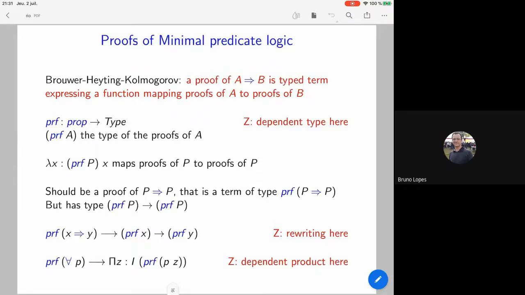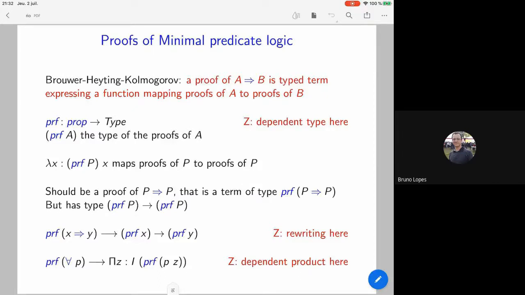So we know that proof of A is now the type of the terms that are proofs of a proposition A. And if we follow the motto of Brouwer, Heyting, and Kolmogorov, this term, the identity term on proofs of A, so lambda x, x, where x is a variable of type proof of A, it's a function that maps a proof of P to a proof of P. Sorry, I said proof of A, I meant proof of P, of course.